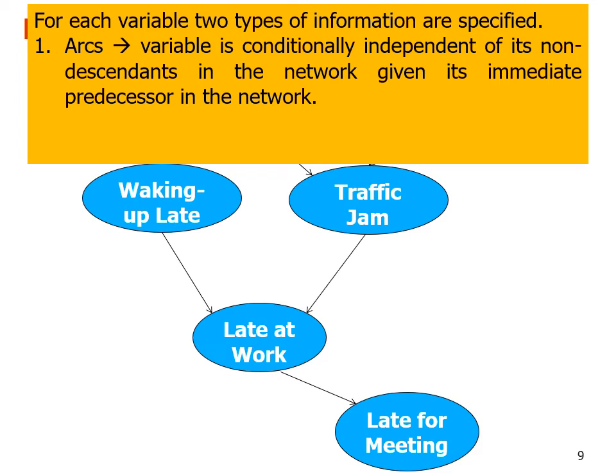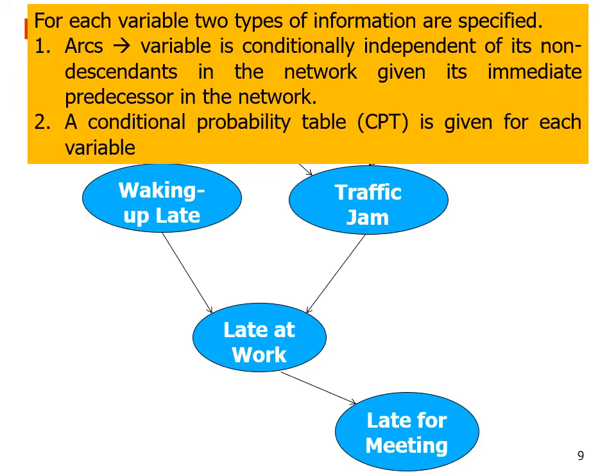And the second information that is specified is regarding the CPT. A conditional probability table, CPT, is given for each variable describing the probability distribution for that variable given the values of its immediate predecessor.